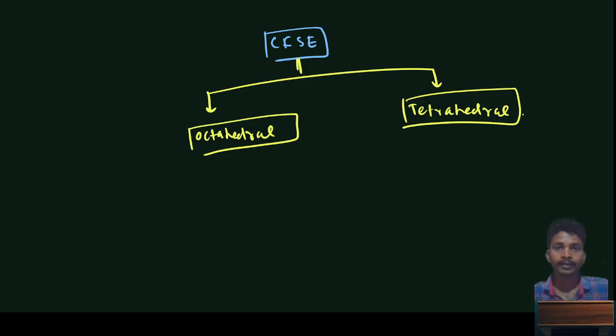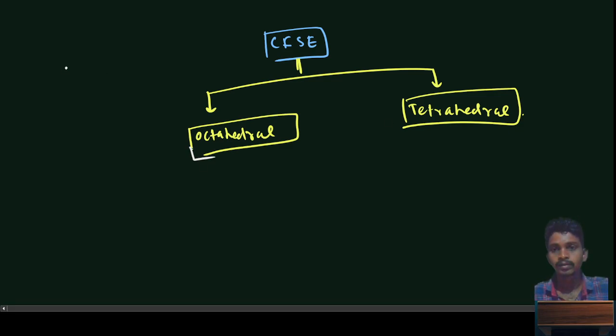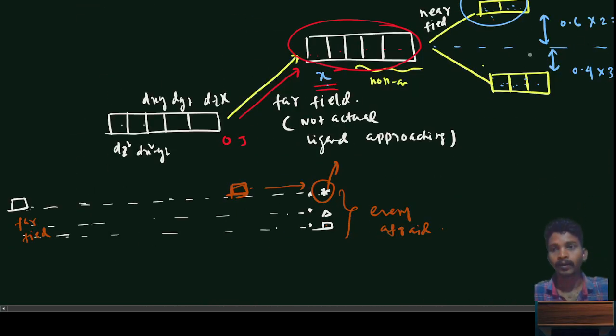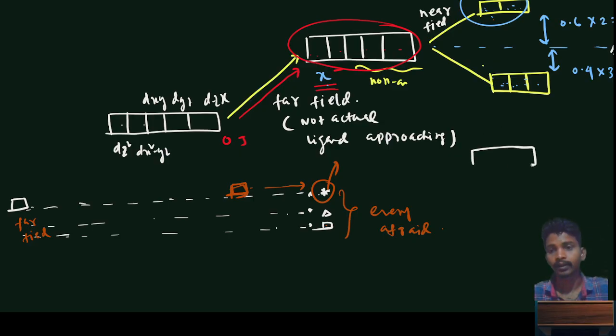So for this case, there will be some chance of pairing. We see the relationship between octahedral and tetrahedral. For octahedral, this energy is delta naught, and for tetrahedral, it is delta T. Let's say it is tetrahedral, with 1, 2, 3, 4, 5 orbitals.